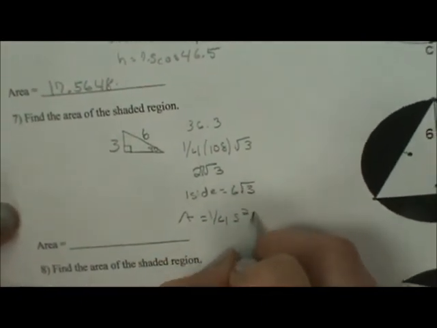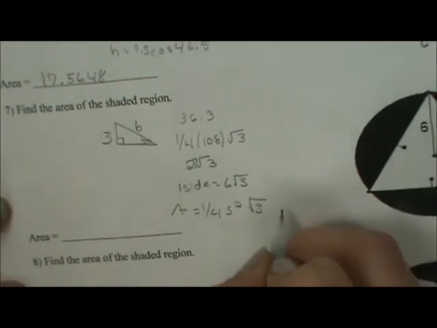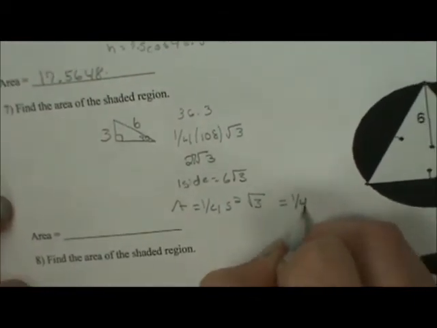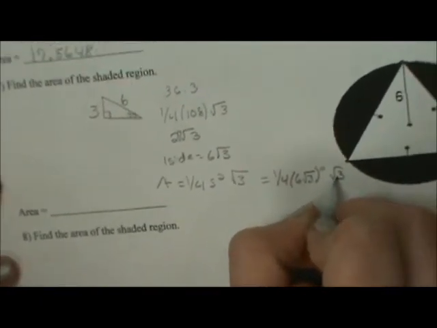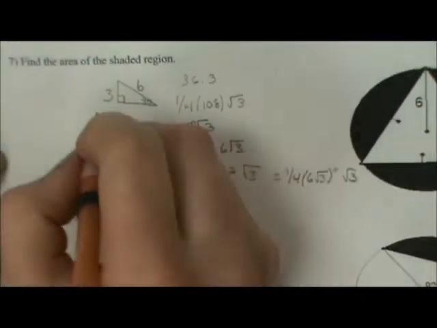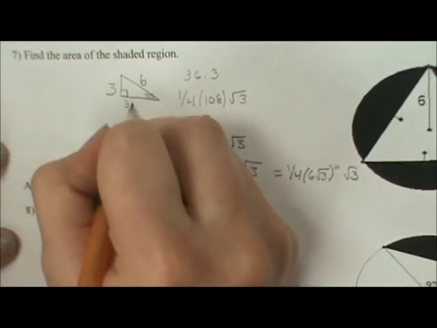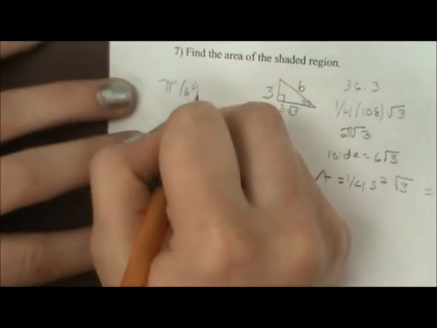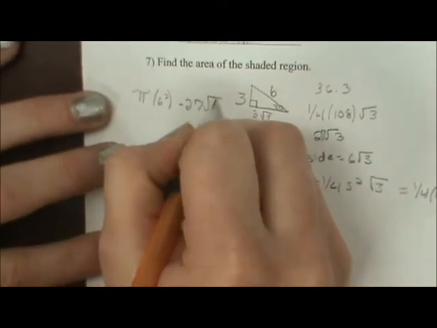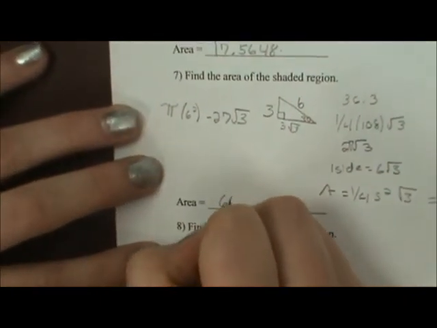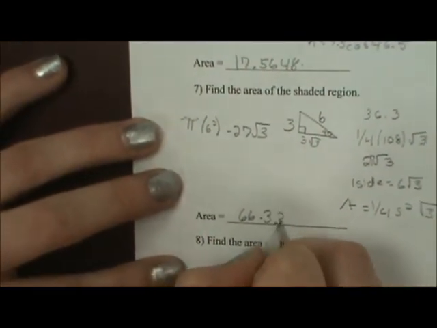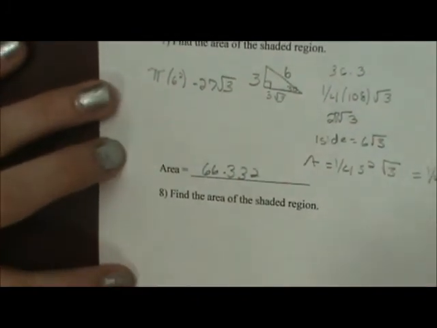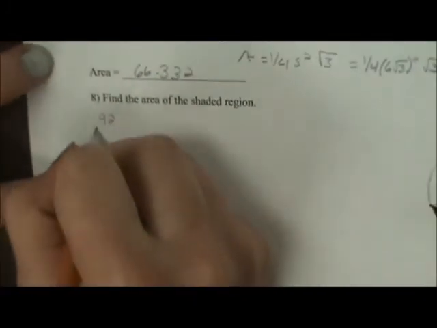And the area will equal 1/4 times the side squared times the square root of 3. So we know that part of the triangle will be 3 square roots of 3. And then we have pi times 6 squared minus 27 times the square root of 3. And the area is 66.332.